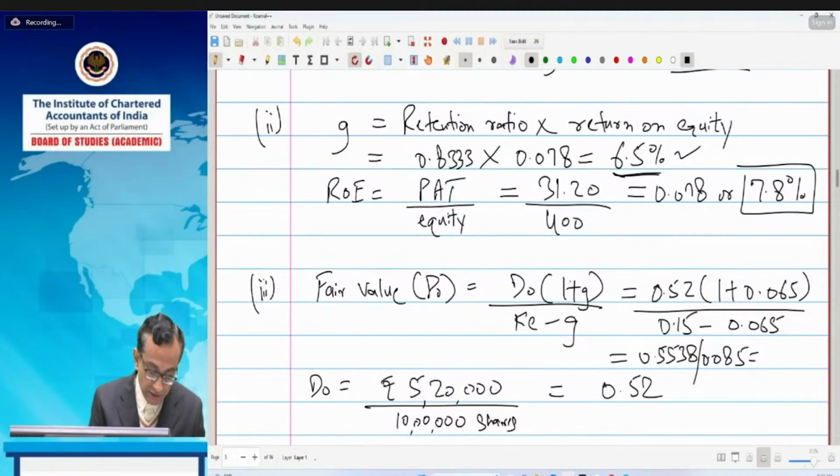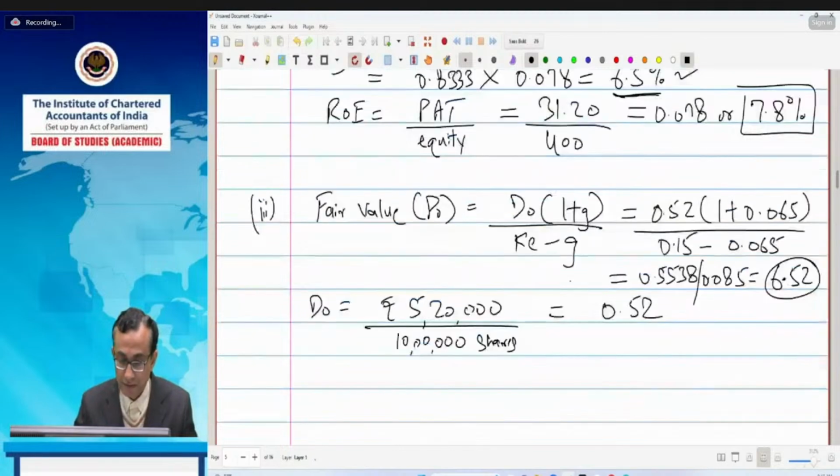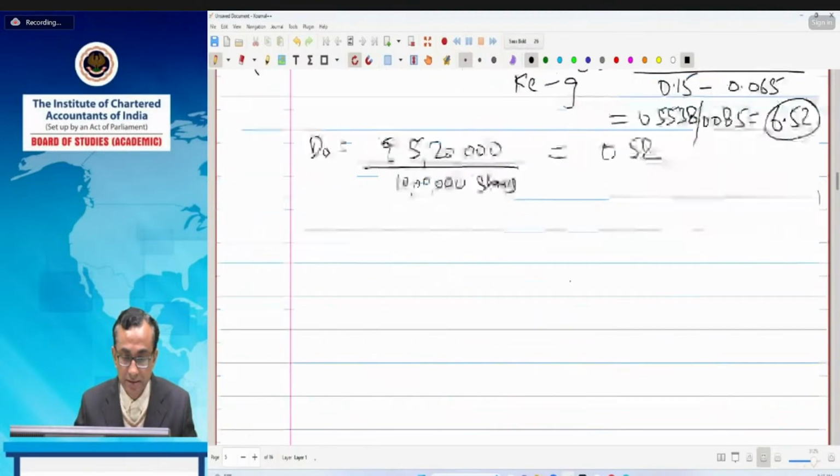Just check once again: 0.5538 divided by 0.085 is coming to 6.52. So this is the fair value. So the third portion is completed.